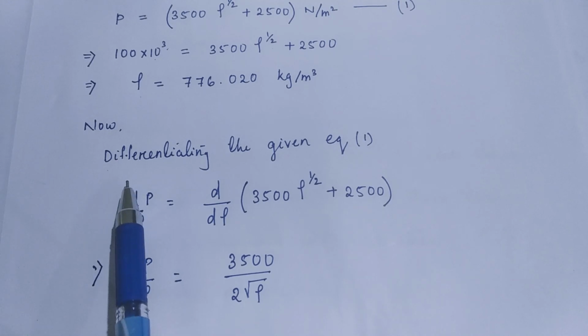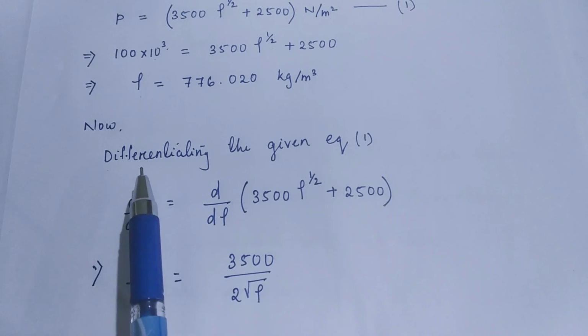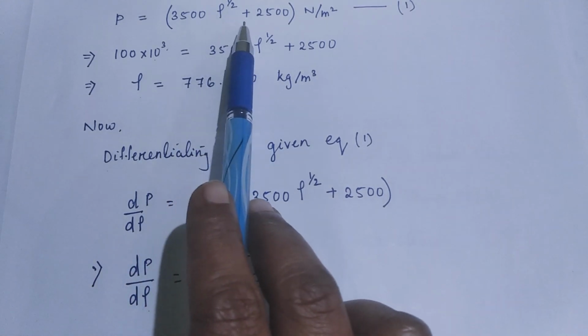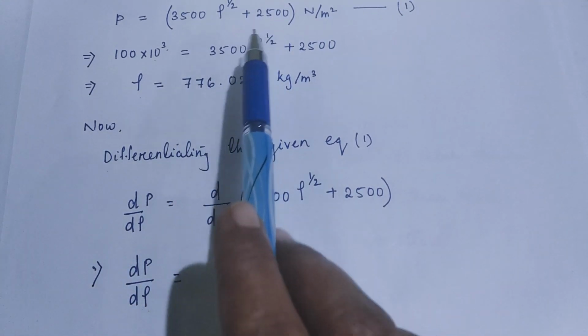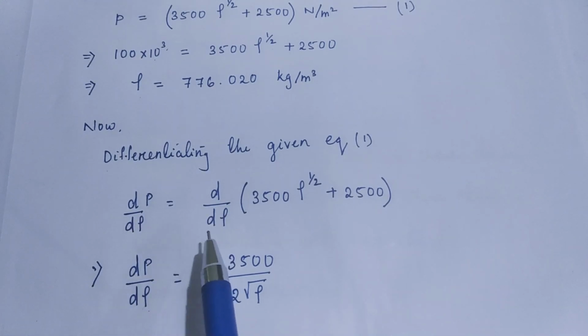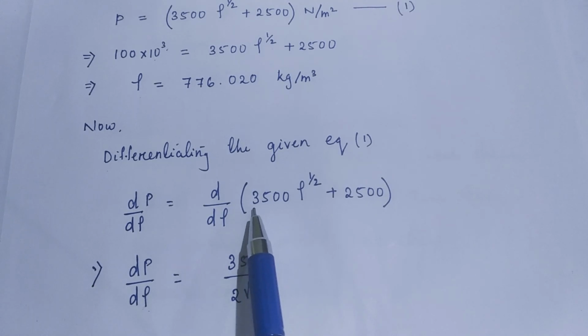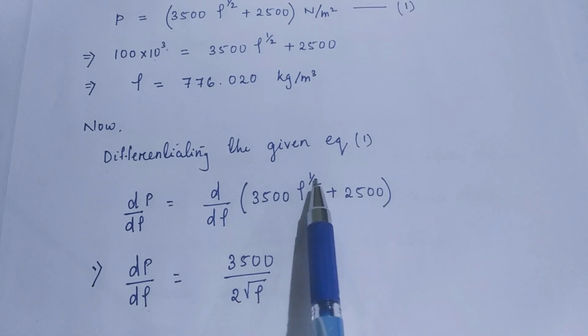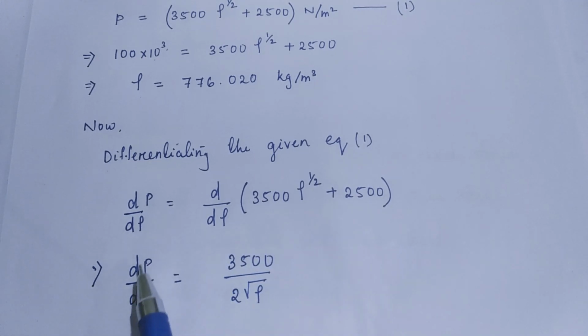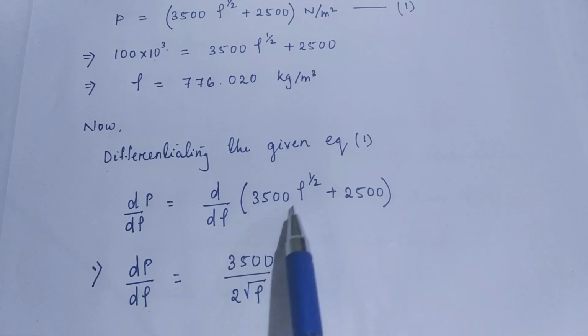Now we differentiate the given equation P equal to 3500 rho to the power 1 by 2 plus 2500 with respect to density. So that becomes dP by d rho equal to d by d rho of 3500 rho to the power 1 by 2 plus 2500. After differentiation, this is the first term.